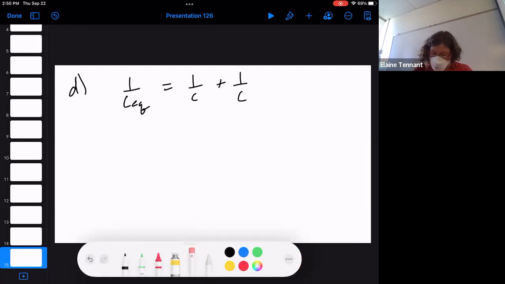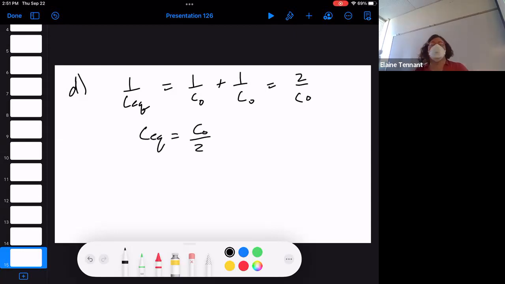We have 1 over C0 plus 1 over C0, so that's really 2 over C0. That's not an epsilon naught, that's a C0. And then, of course, we need to invert it. Last step. So it looks like our capacitance, when we added a capacitor in series, has actually halved.